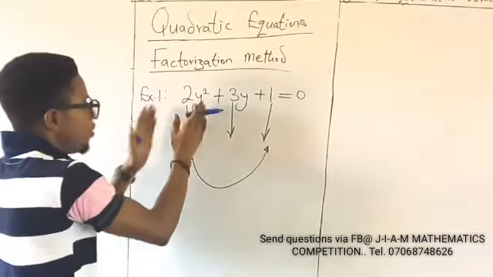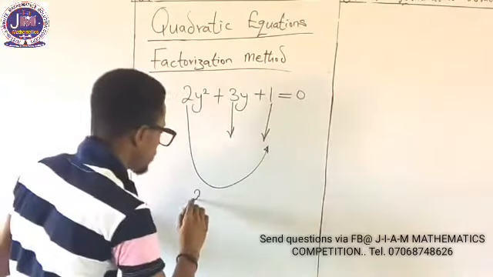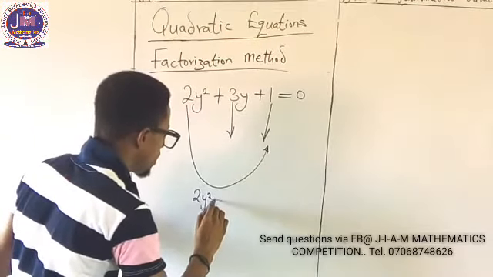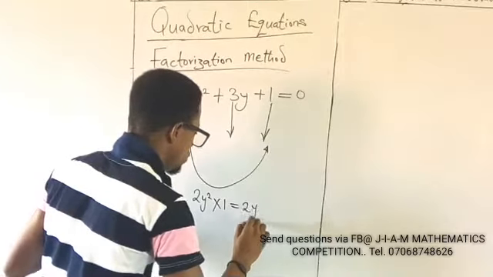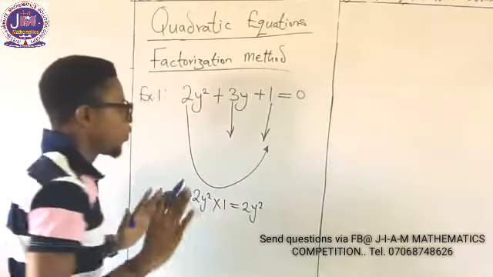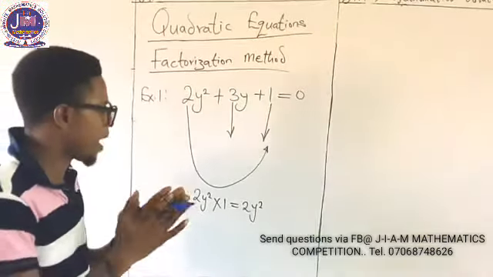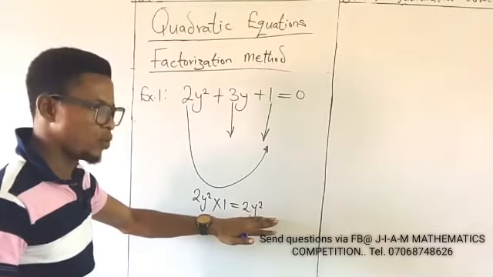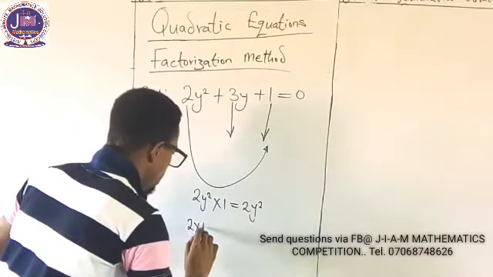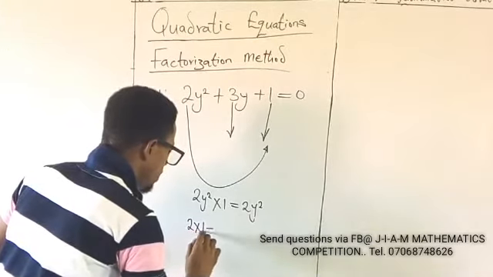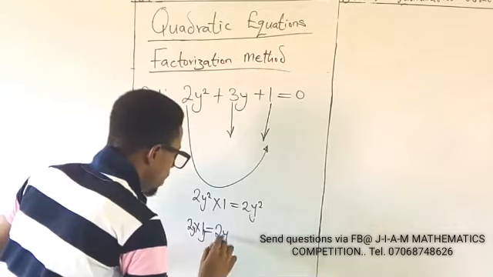Now what I mean is, you say 2y squared times what we have here, 1. This is 2y squared. Now you look for two numbers that you can multiply to give you 2y squared. What can those numbers be? It is 2y times 1y, which will give you 2y squared.